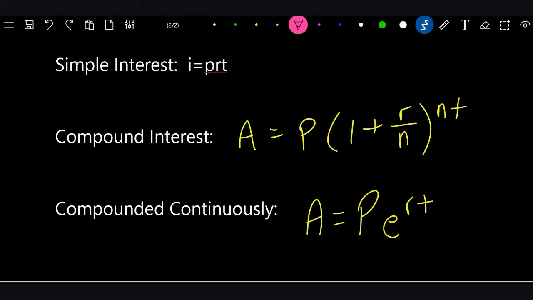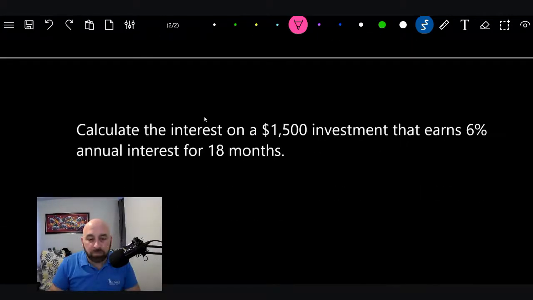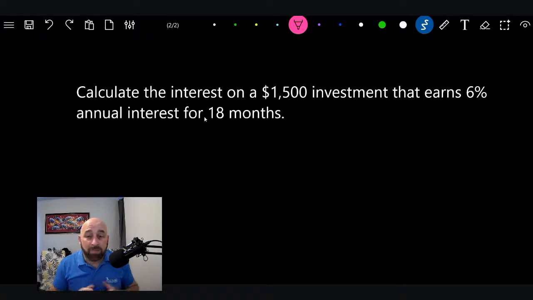Let's do a problem. Let's pretend we're going to go to the bank and we have $1,500 in our account, and we want to invest that in something. Maybe it's a stock or a bond, or maybe it's just a savings account that earns 6% annual interest. And we're going to do that for 18 months. It's important to know that T is always in years.